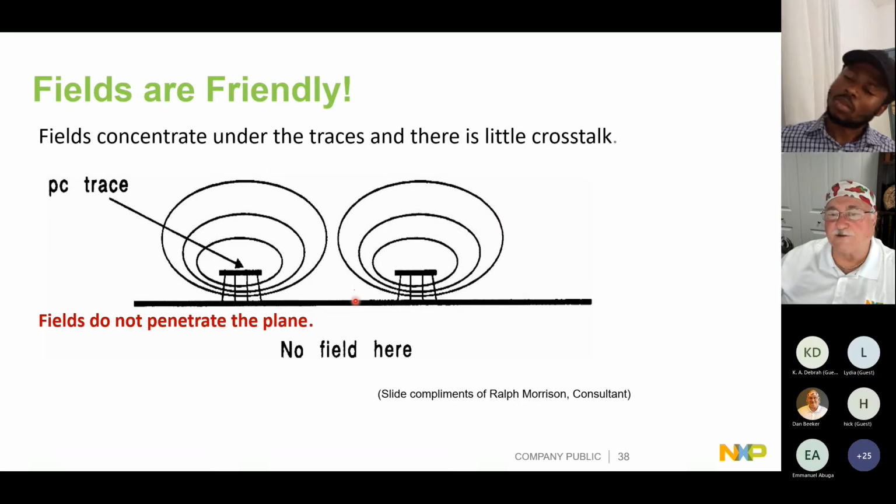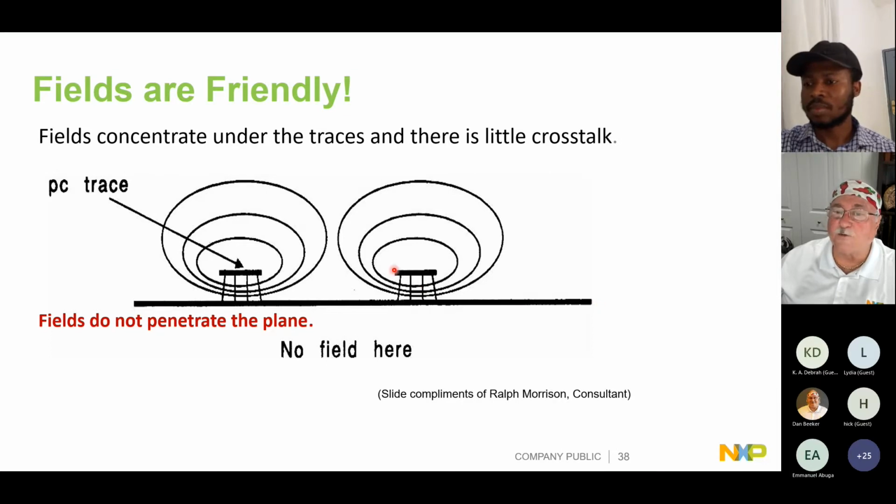Now, the reason planes are nice is because the magnetic field has to be the entire surface. It takes an awful lot of electric voltage in order to create a magnetic field in this large conductor, as opposed to what's happening in the trace.